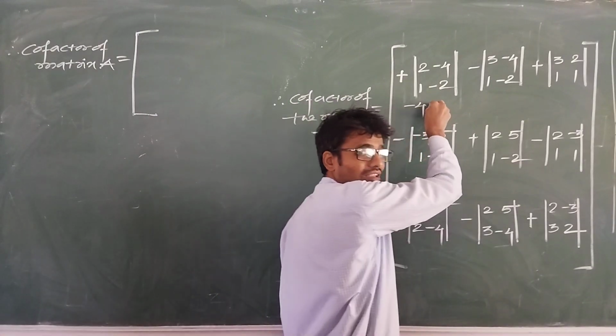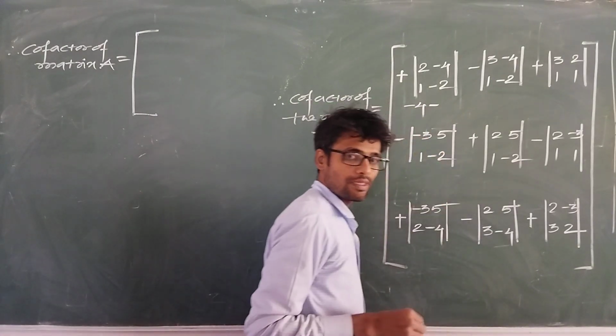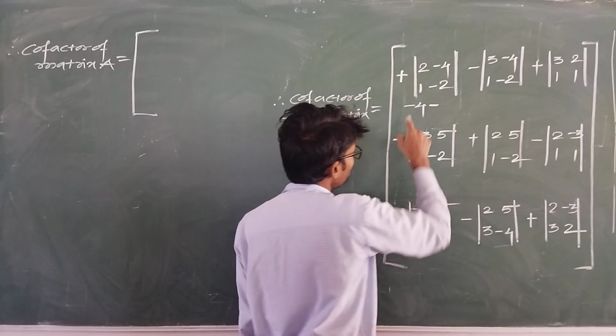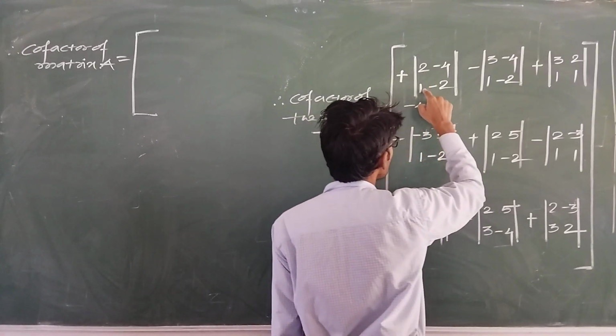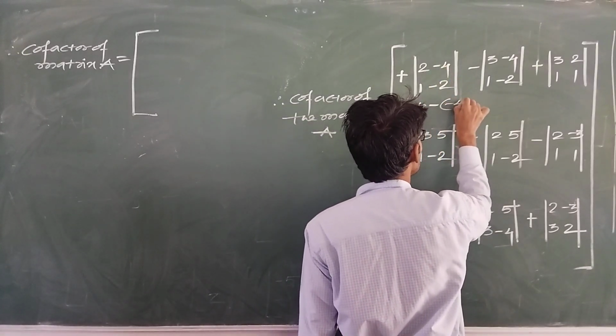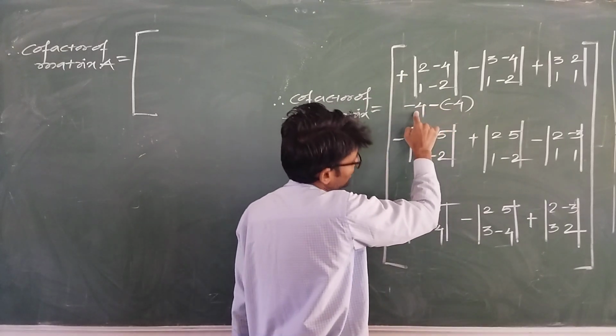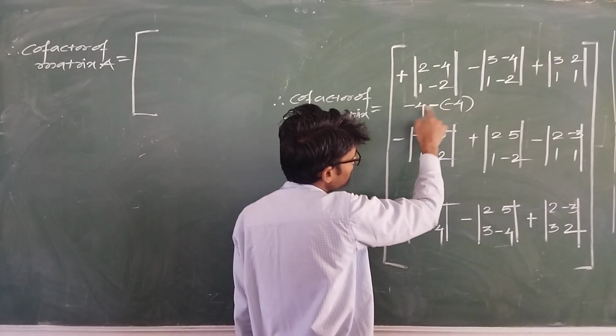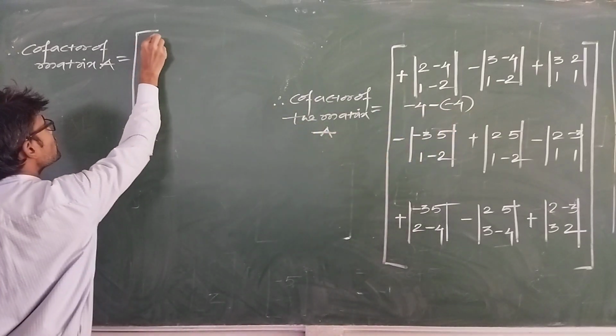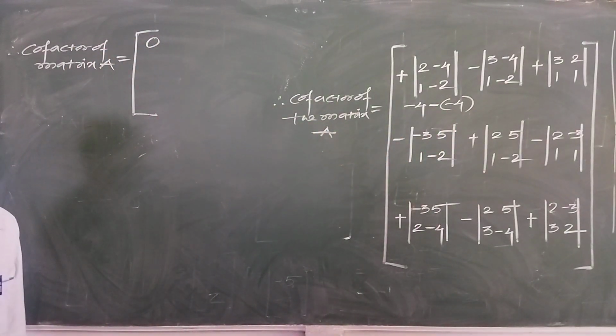Next, minus will come in between. Next, 1 into minus 4 is minus 4. So minus 4 minus of minus 4, it is plus 4. Minus 4 plus 4, its value is 0. So 0 will come here.